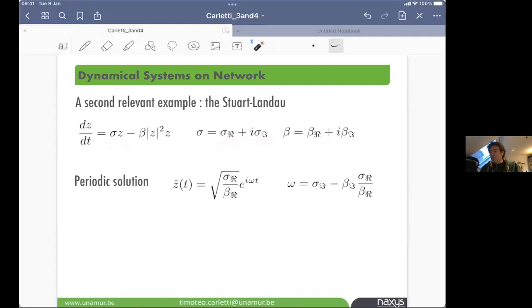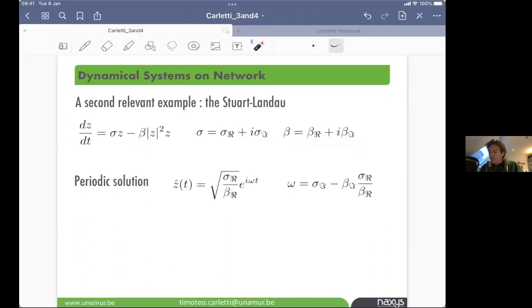I use the notation with a small r to denote the real part and a small i to denote the imaginary part. Then in the equation you have minus beta times the modulus of z squared times again z. This is a third order term, so it's a non-linear model. And again, this parameter beta is a complex number.